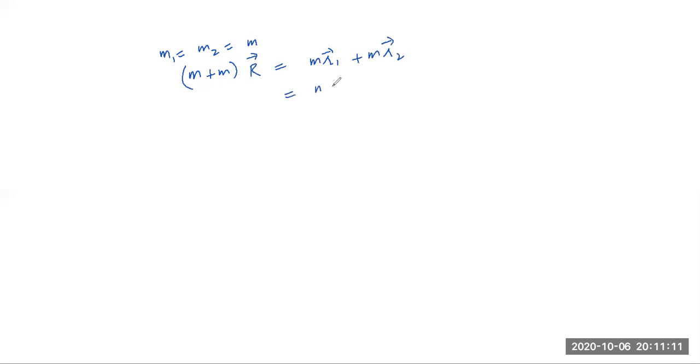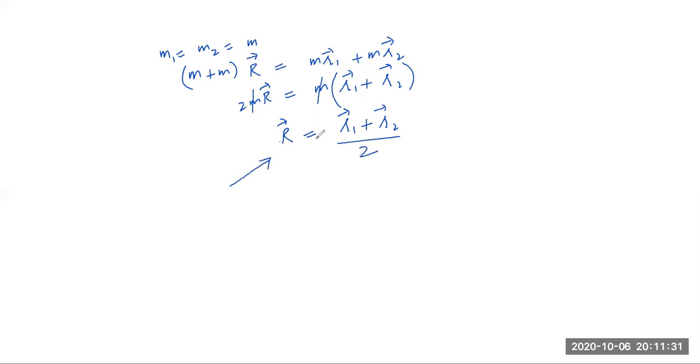Take M common, it becomes R1 vector plus R2 vector, and this is 2M. M cancels with M. So you see that you get R vector is equal to position vector of first point plus position vector of second point divided by 2. Where does this R lie? It lies in the center of them, right?